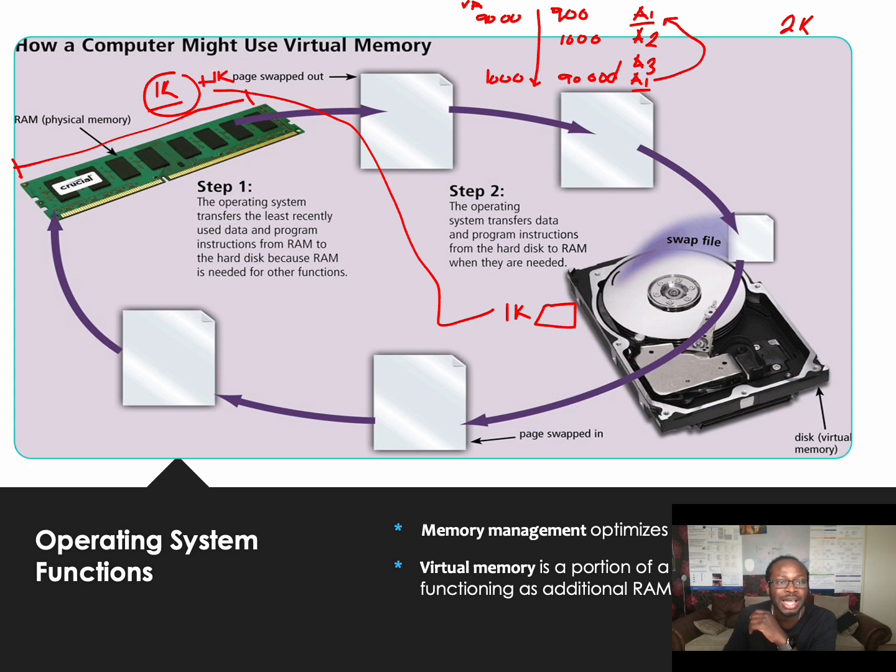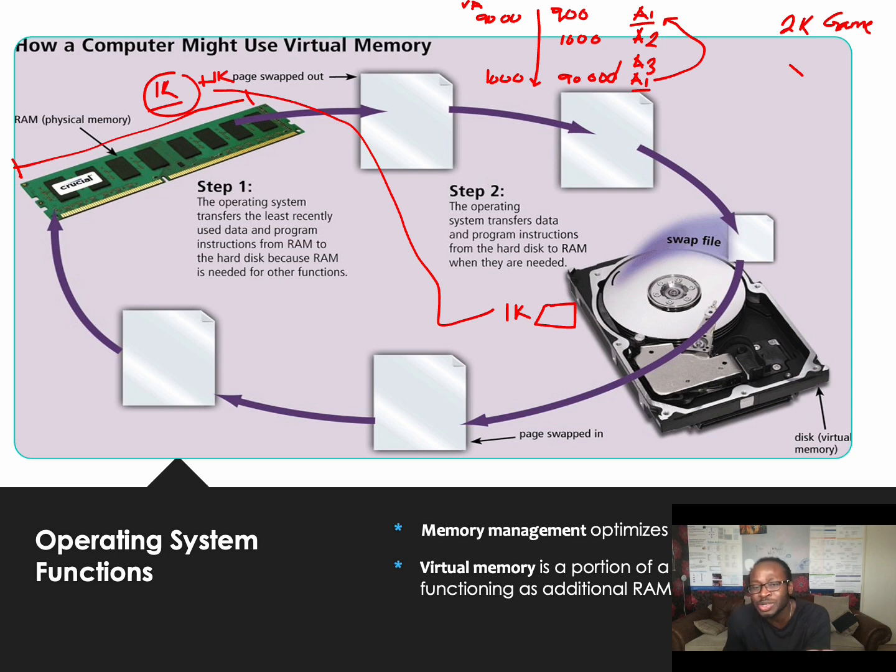So it appears as if my RAM is 2K and big enough. Let me put game there. But that additional 1 kilobyte of memory that we are gaining is not real, because it's only virtual. So we call that concept virtual memory.